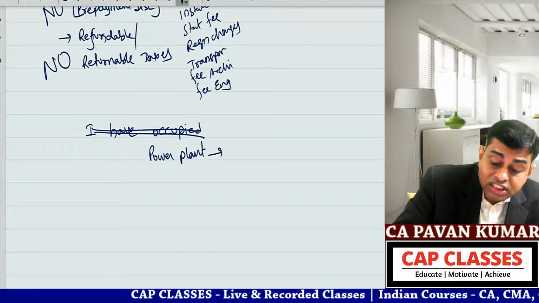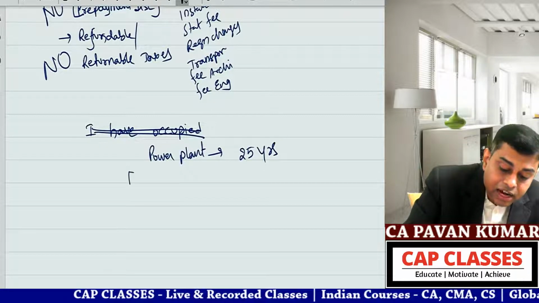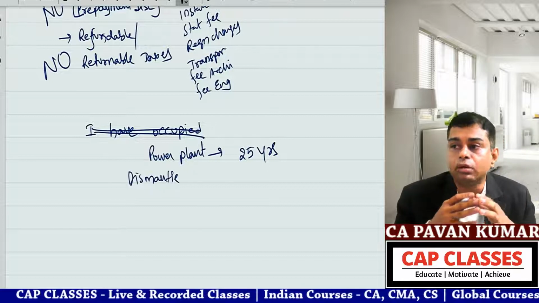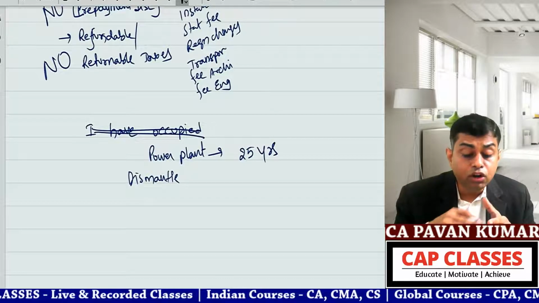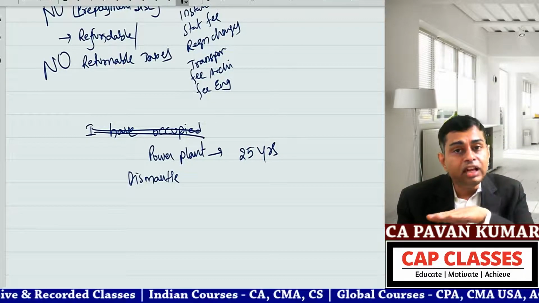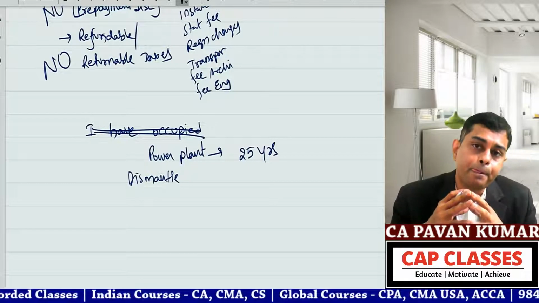Okay, so I'll use this for 25 years. After that, I need to dismantle the plant because I have taken government site. I need to give the site back to government now. So I need to dismantle and I need to remove this plant from there, and I need to give the land in the shape in which they have given it to me 25 years back.